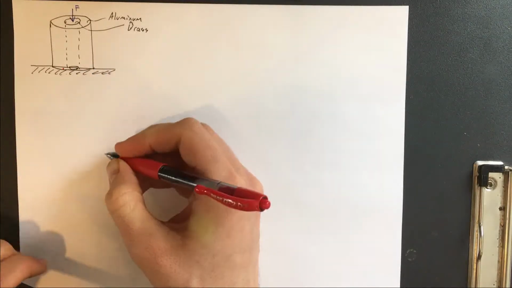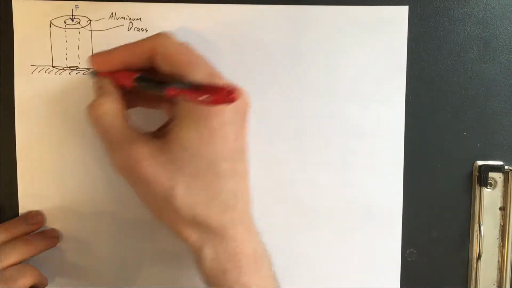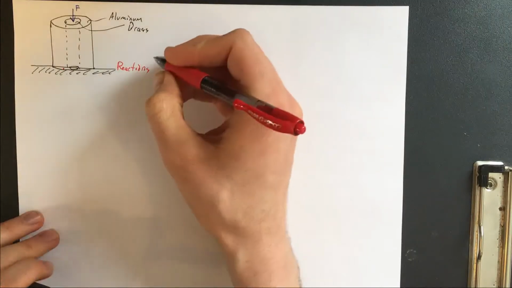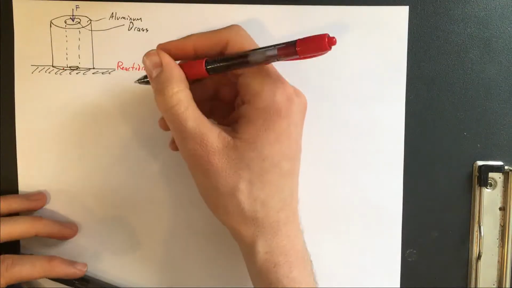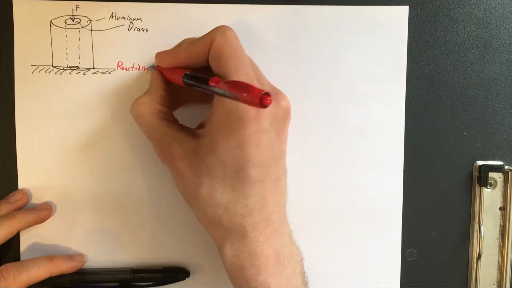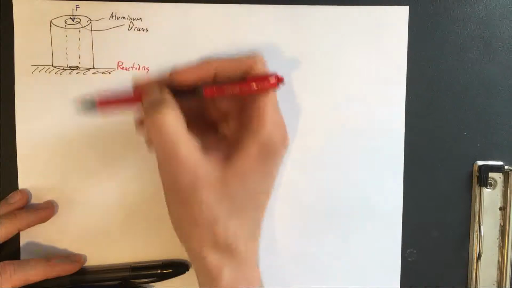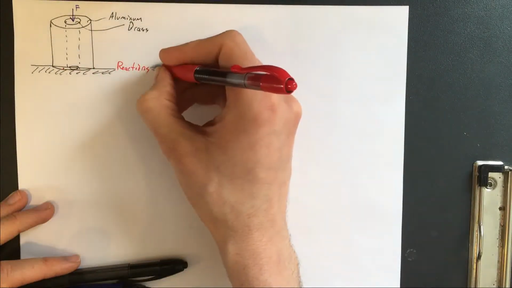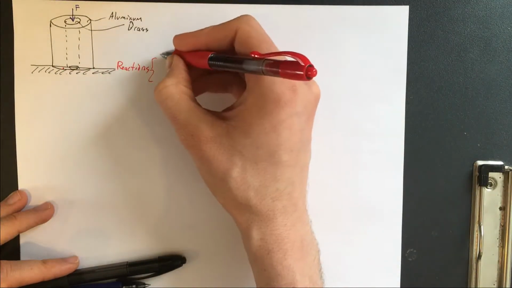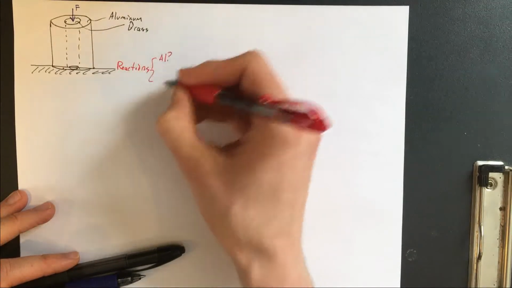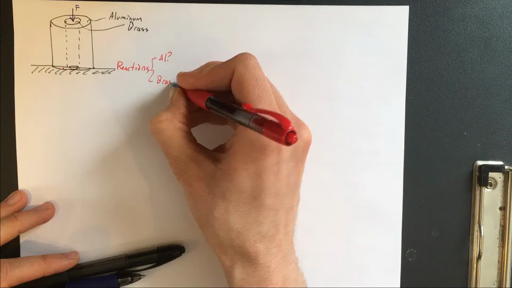So I might be interested in what the reactions are, not just the reaction to the whole block in general, which would be pretty straightforward, equal and opposite to F, but we want to split it into the various parts. What part of the reaction is applied to the aluminum and what part is applied to the brass?